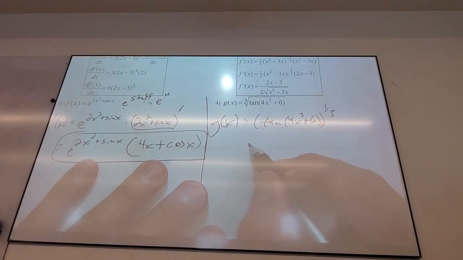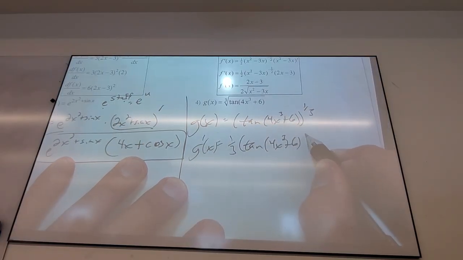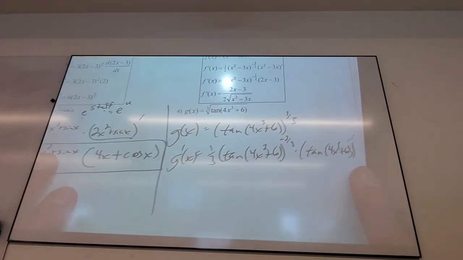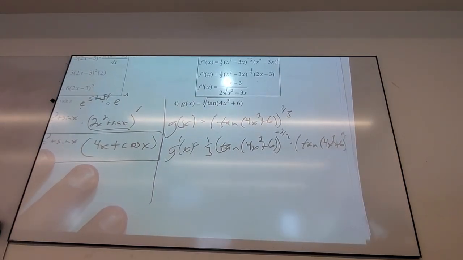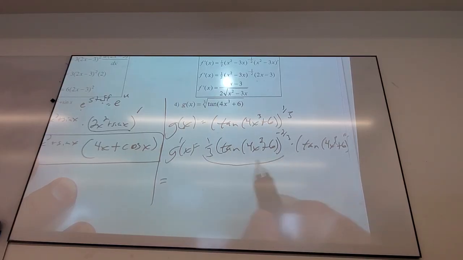But I could just do 1/3 in front of stuff to the negative 2/3 times the derivative of stuff. This part's done.